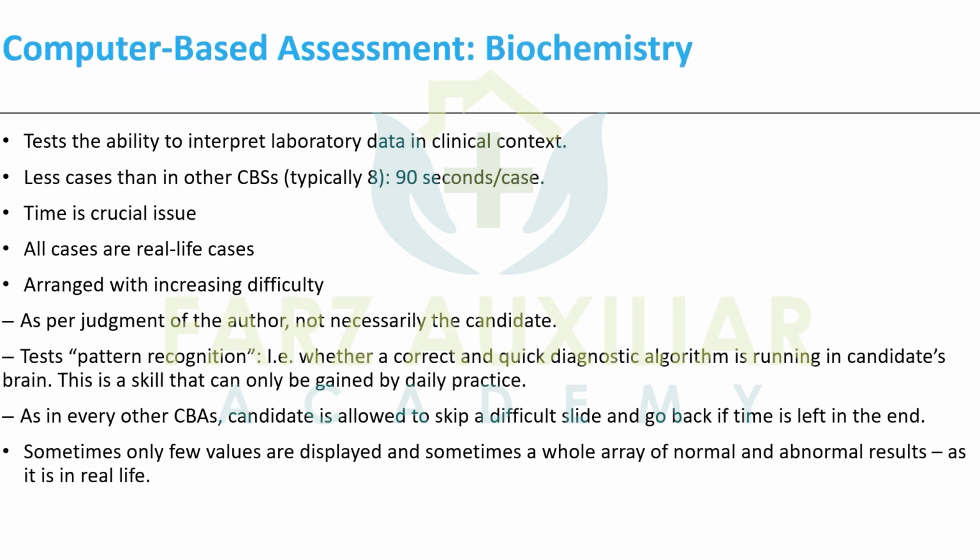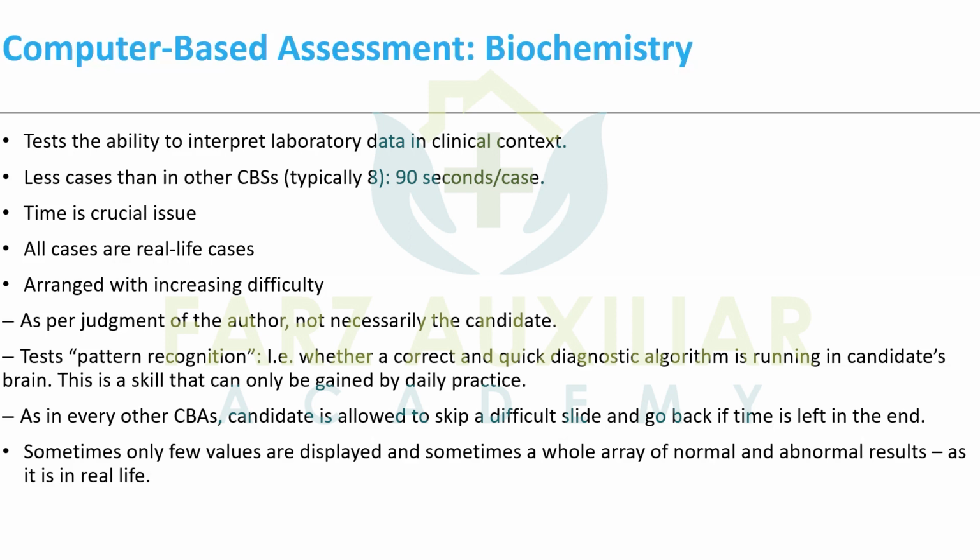So in the curves, there are 3 things: one is ECG, another is monitor, and third is ventilator. Around 4 questions from the ECG, around 4 to 6 questions from the monitor. In the monitor, they can ask you arterial trace, CVP trace, ICP trace, dialysis trace, or any other trace which can be seen on the monitor screen.